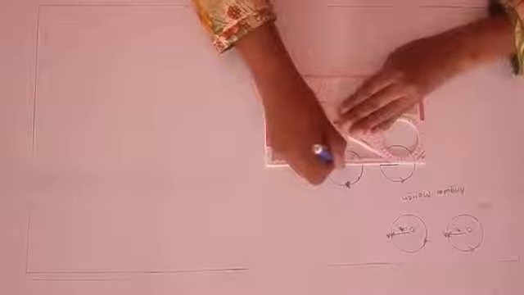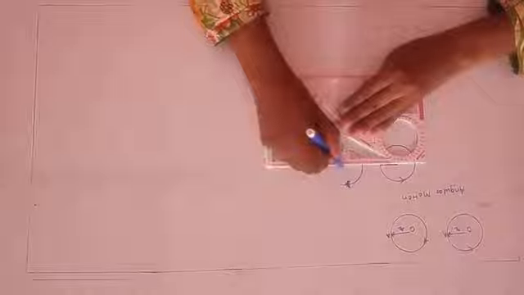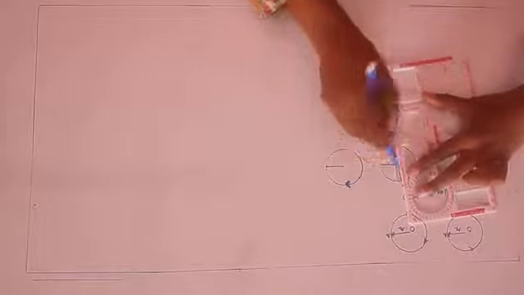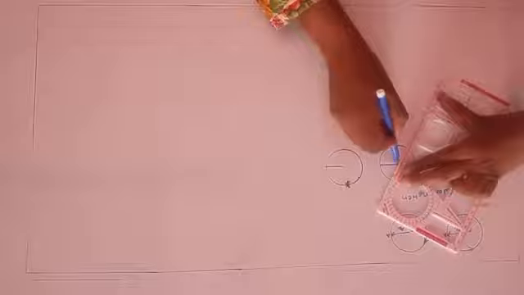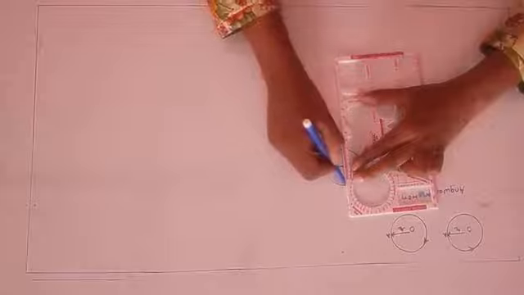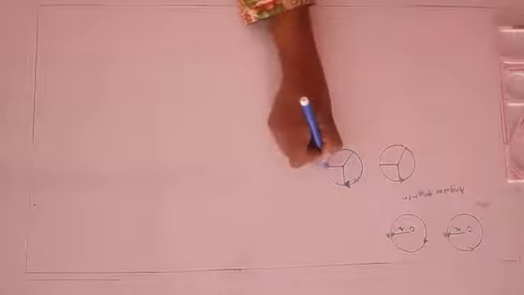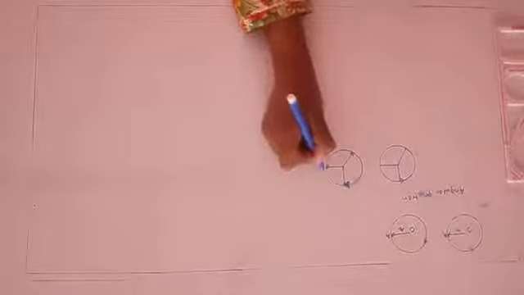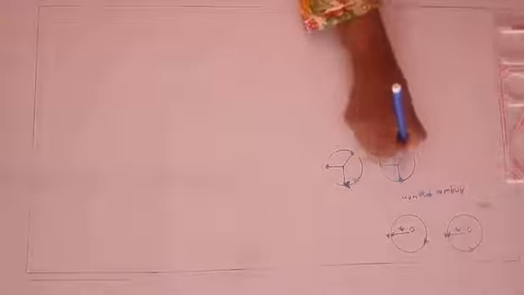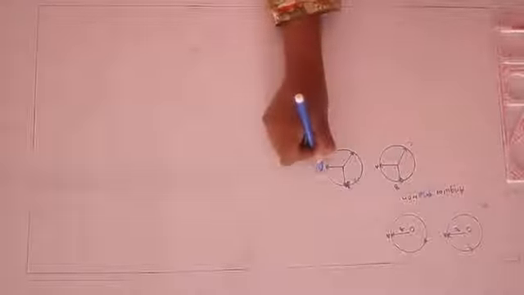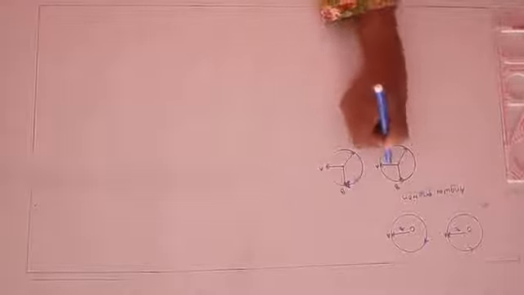Let us assume this object at different positions on the circumference of the circle. Every time look at the angle.